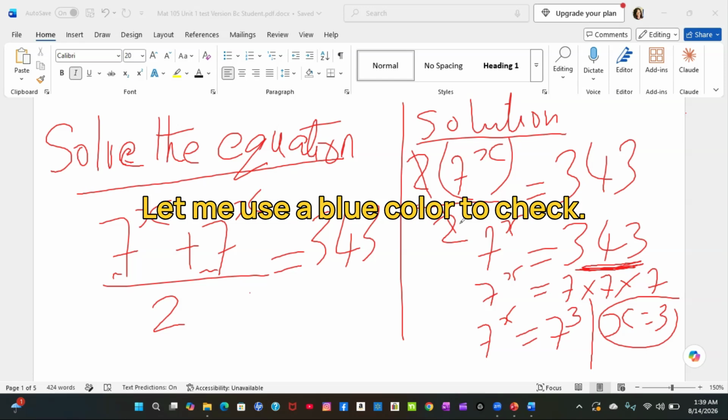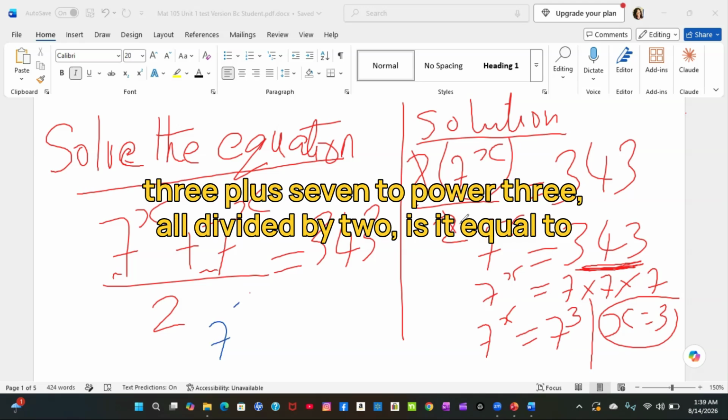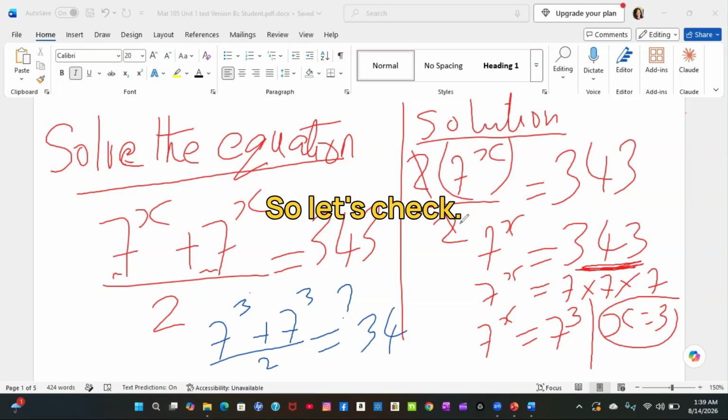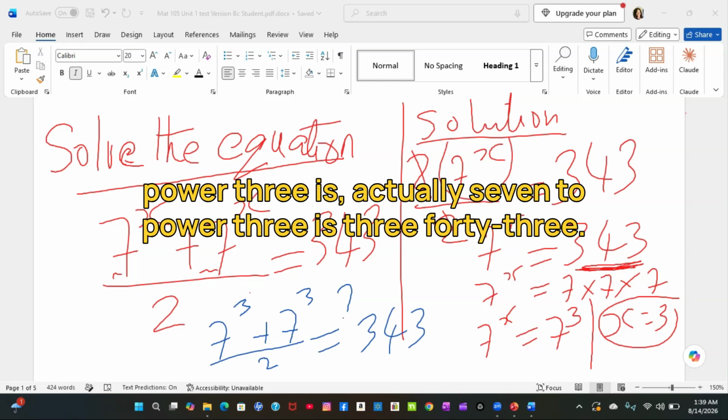So if I come over here and say 7 to the power 3 plus 7 to the power 3, all divided by 2, is it equal to 343? Let's check. We already know that 7 to the power 3 is 343.